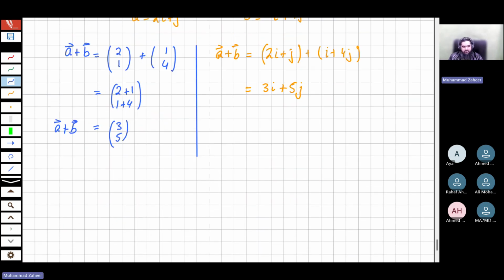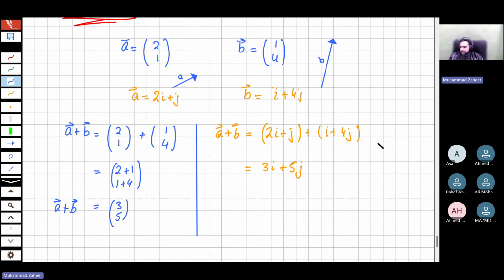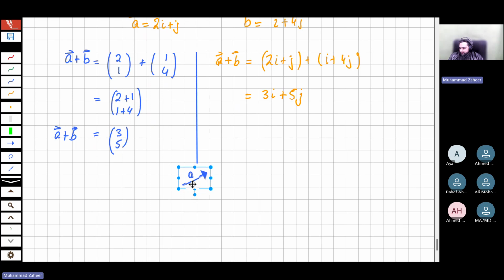If you want to show the addition of these two vectors, let me show you graphically.